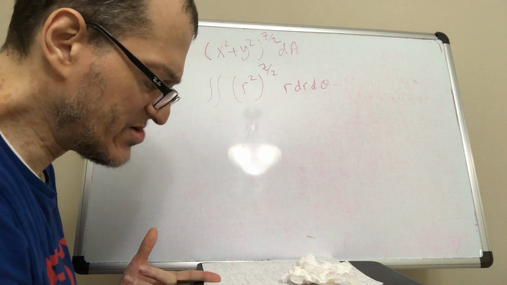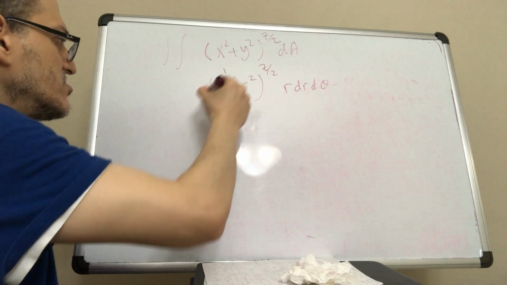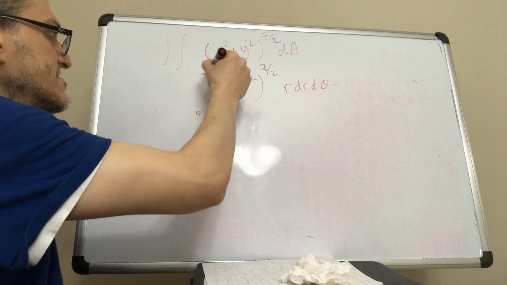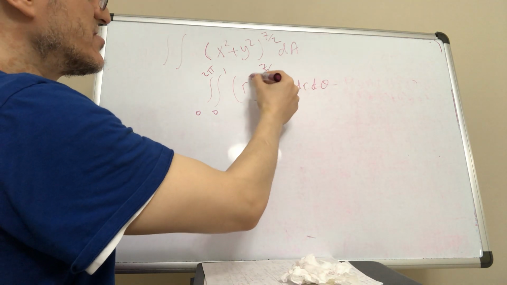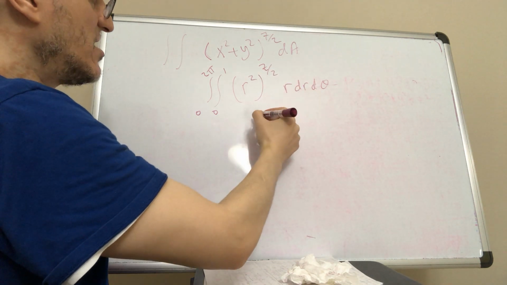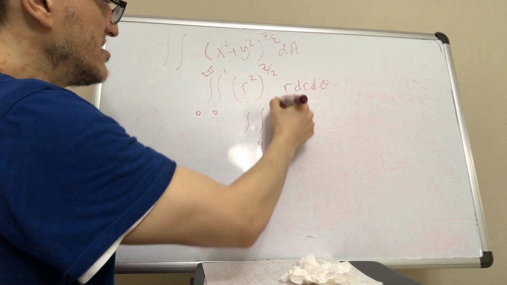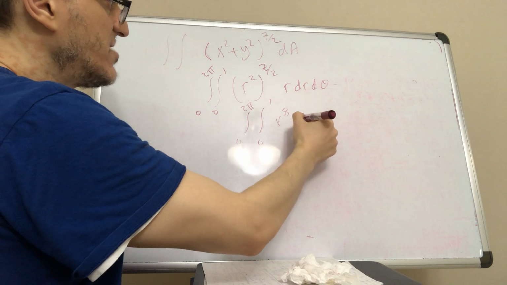They tell you in the question that it's a unit circle, so radius is 1, complete circle. So when you raise to multiple exponent, you multiply them, this becomes r to the 7 times r, so it's like integrating r to the power 8.